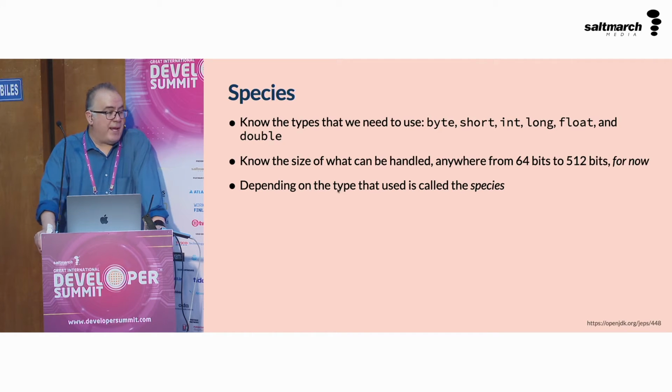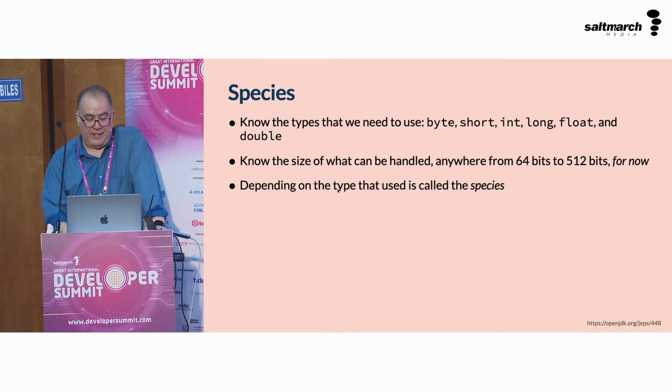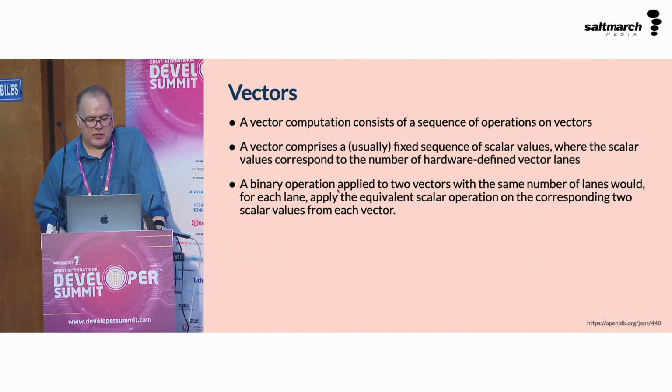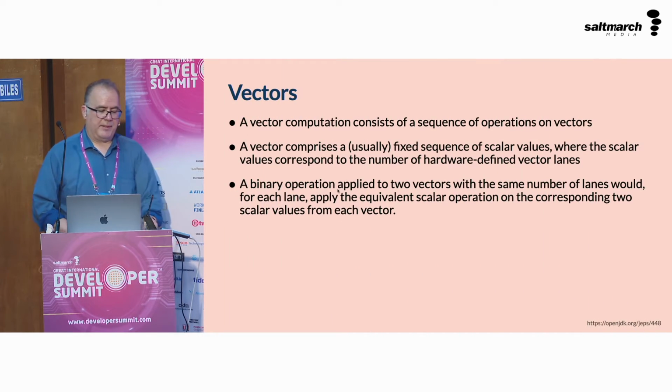But that's going to be based on the processor that you are using, okay? So you can't just arbitrarily say, I want to use by 12, right? It's always going to be based on the processor and the instruction set on that particular processor that you're using, okay? But that's called a species. So you'll set that up, and we're going to show some code here in a bit.